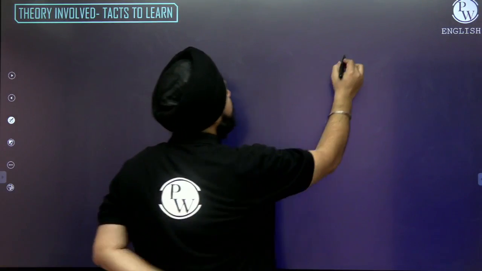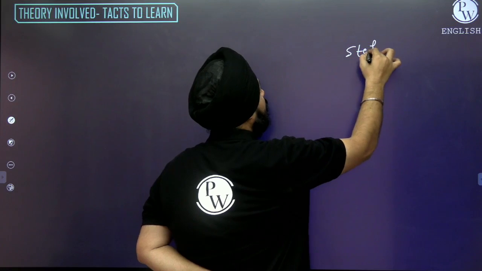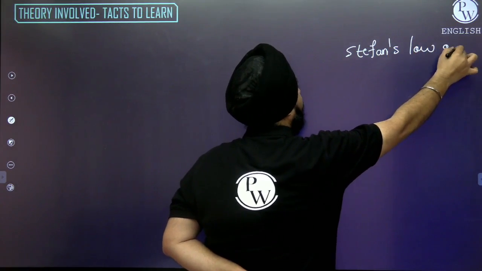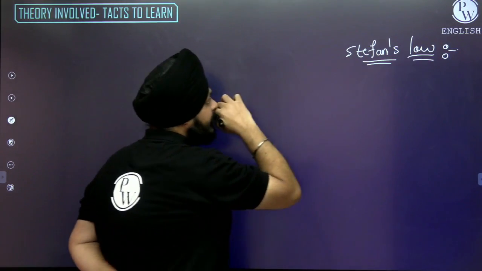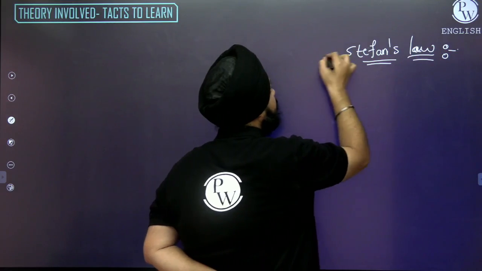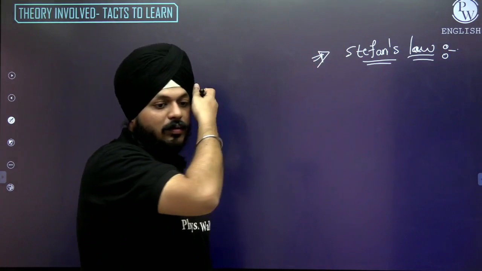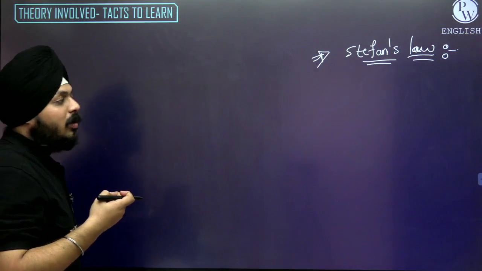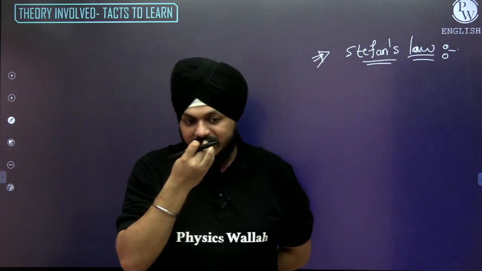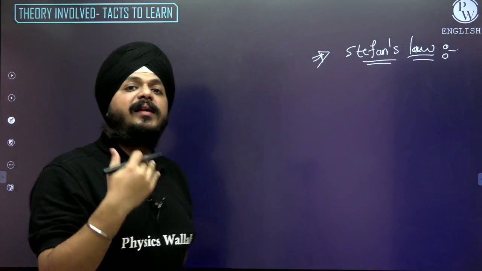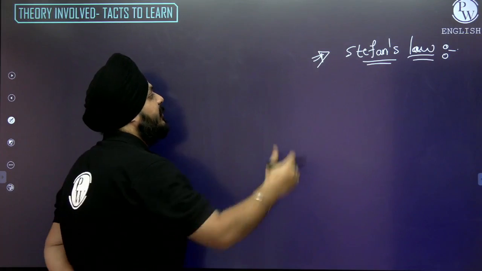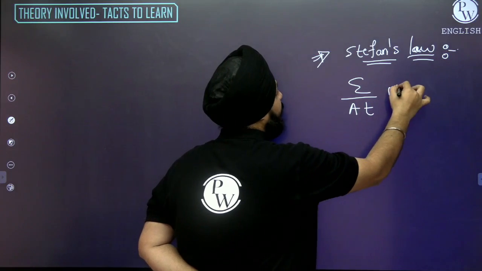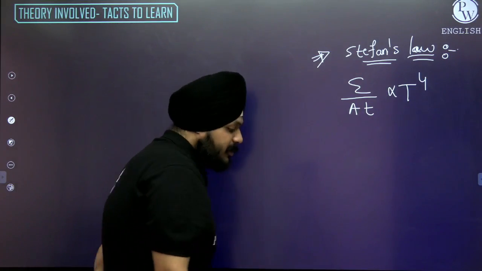So, Stefan's law, what does it state? You have seen it in many resources. It states that the energy received per unit area per unit time is directly proportional to the fourth power of the temperature.